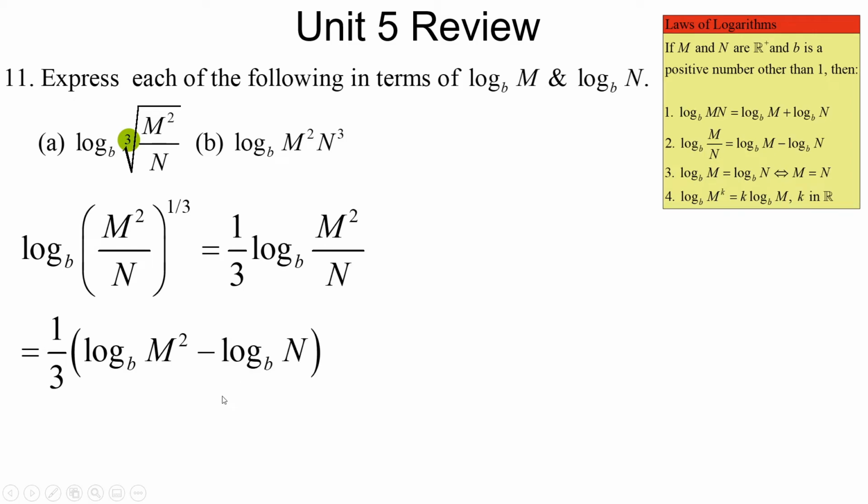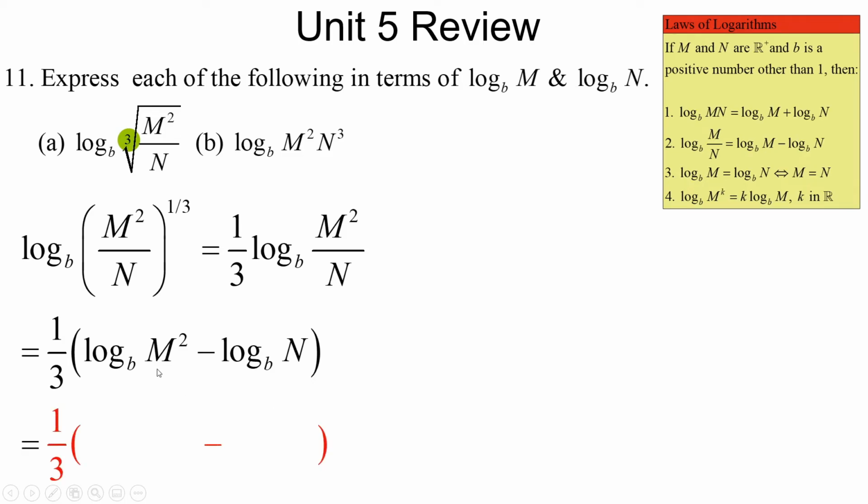Now, I am almost done, except they don't want this m to be squared. So what can I do with this exponent? And that is number 4 there. It comes out front as a coefficient. So I'm not going to get fancy at all. I'm just going to simplify what I need to here.